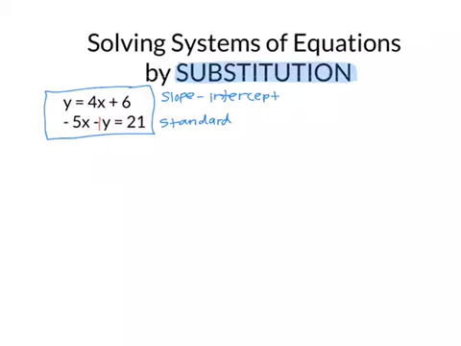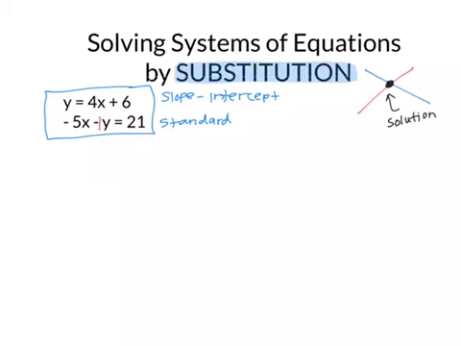Now, we know that these are both linear equations, and so if you were to graph them, one of your linear equations would be like this, your other linear equation would be like this, and we are trying to figure out where those 2 linear equations cross, because wherever they cross is the solution.